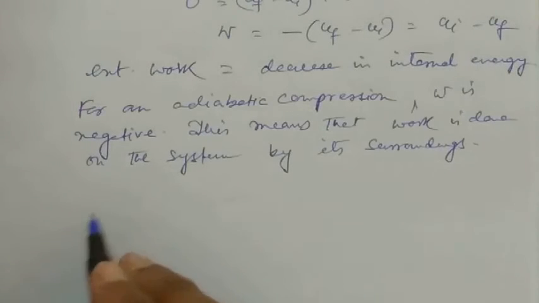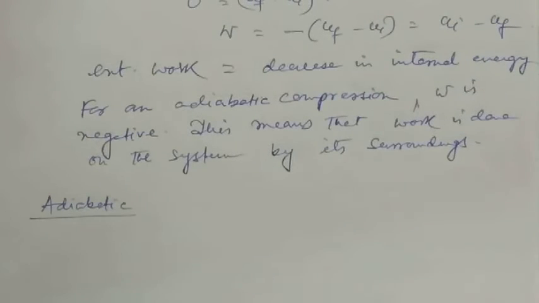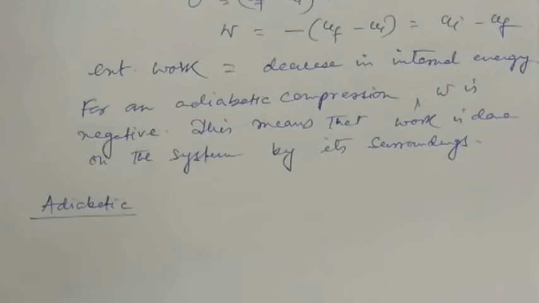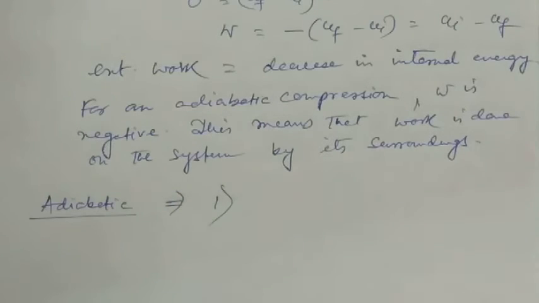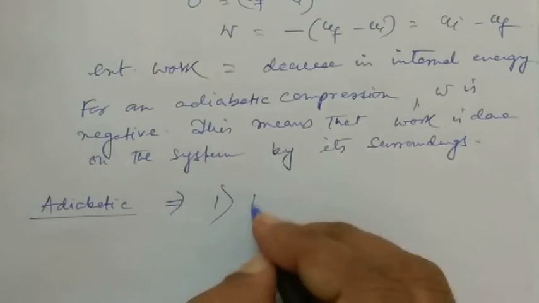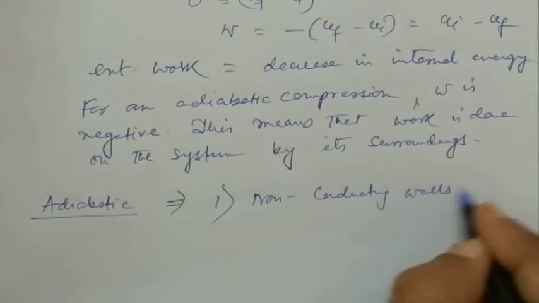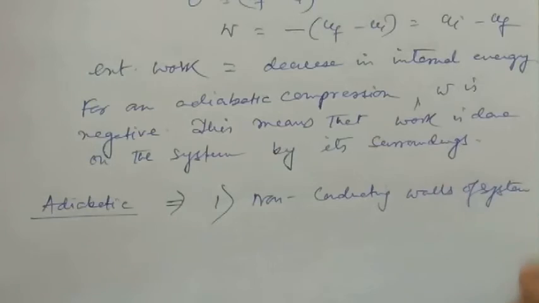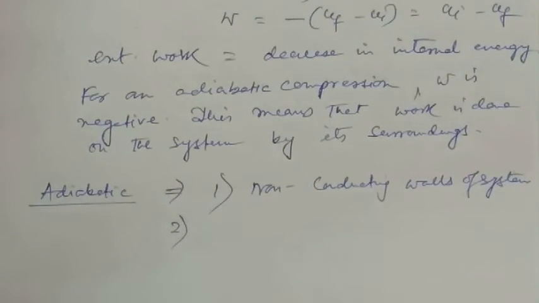So the basic concept of adiabatic process is that we will not allow heat to move into the system or out of the system. Now for these cases, we have to do two things. One is non-conducting walls of the system, as I have already discussed, because we are not going to allow heat to pass. Second one is, even if we put a non-conducting wall and give time, heat will be transferred, as in the case of a flask.